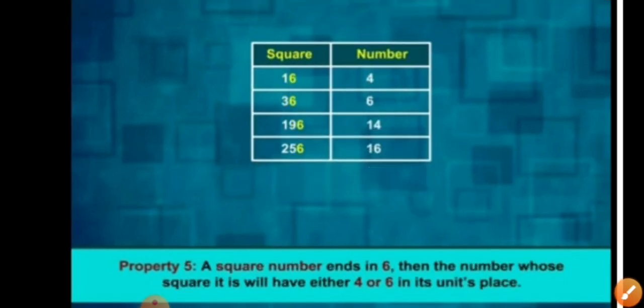Now next, property 5. If a square number ends in 6, then the number whose square it is will always have 4 or 6 at its unit place. See here, the number is 4.